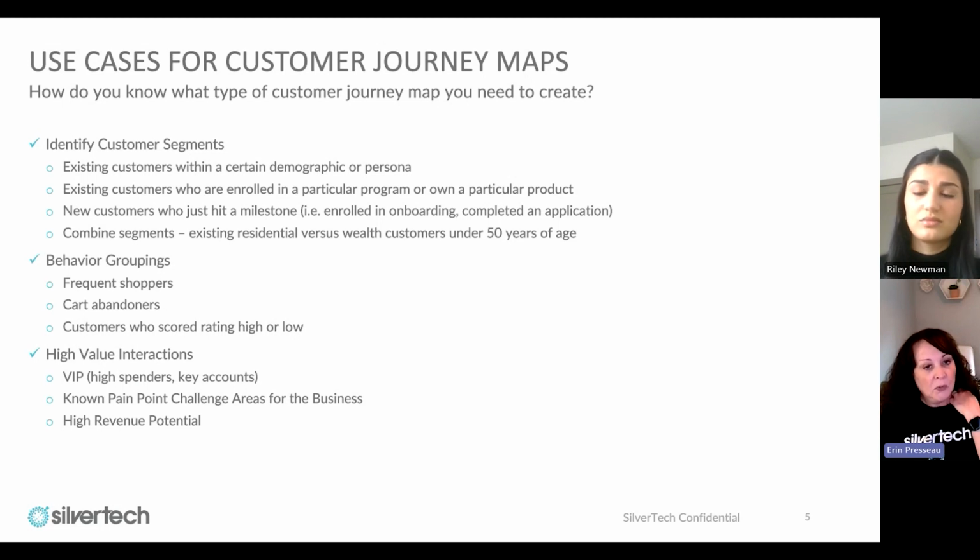Another way is behavior groupings. So instead of the category falling to who they are or what some of their key attributes are, it could be what they've done, what they've accomplished. So it could be your VIP shoppers who have hit some sort of spending milestone.